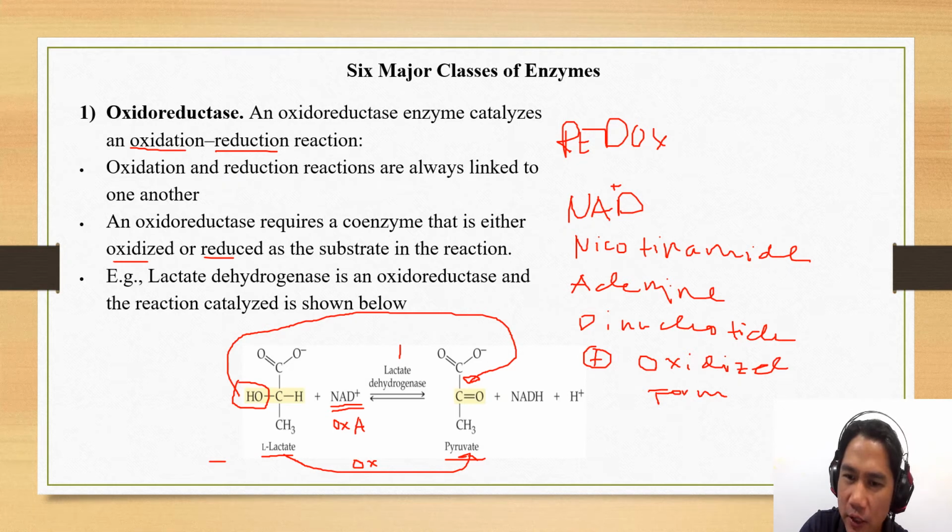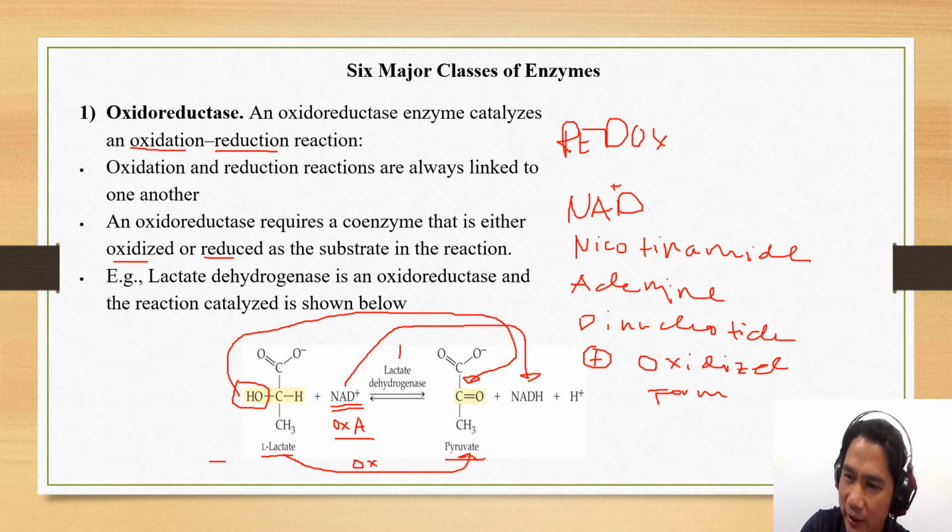Now, take note of what happens to the oxidizing agent. What is our oxidizing agent? The NAD. Take note that the NAD becomes NADH.